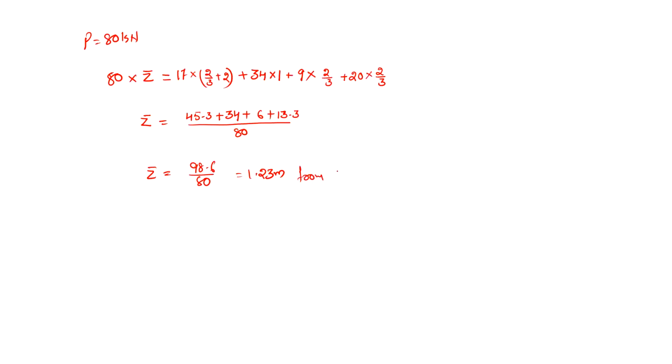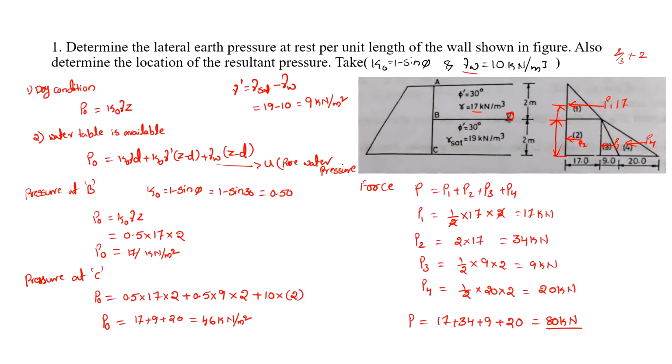This is from the base. So Z bar we got is 1.23. From the bottom of the structure at a height of 1.23, the entire 80 kilonewton force is acting on the structure in the horizontal direction, right?